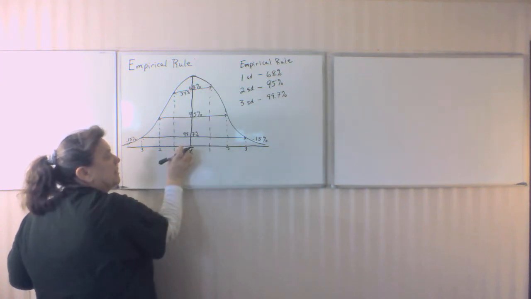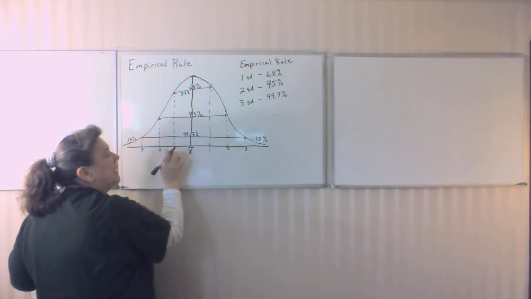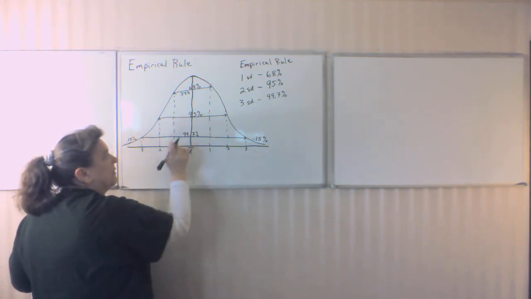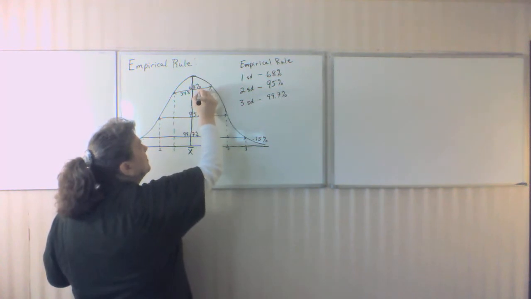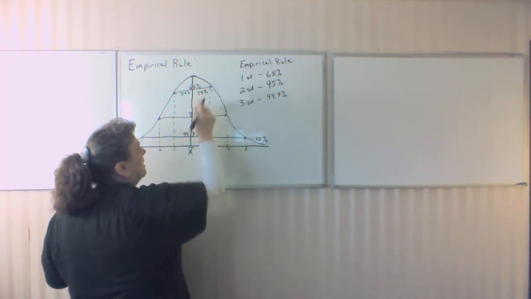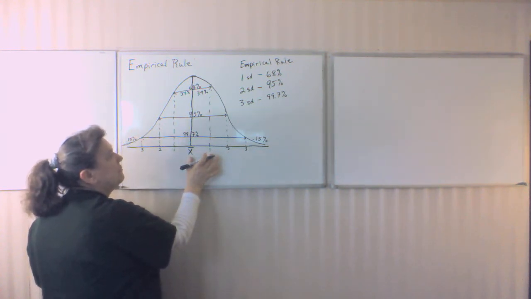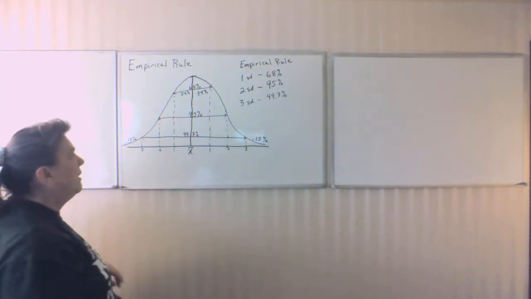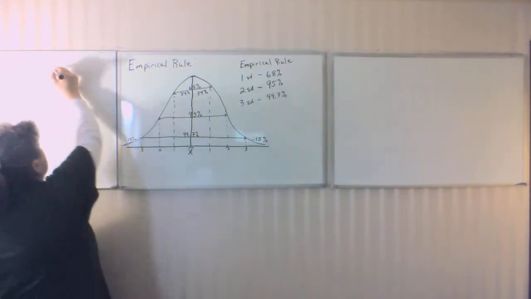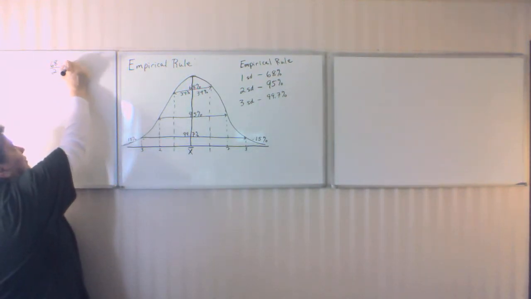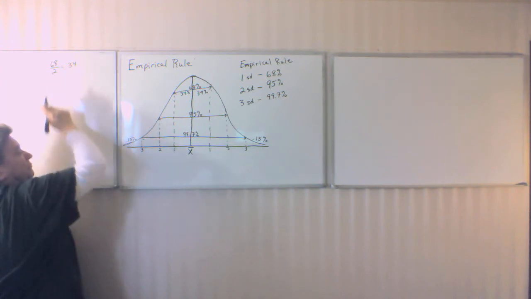In other words, half of the 68% falls between the mean and the first standard deviation to the left of the mean, and 34% of the data lies between the mean and the first standard deviation above the mean. That one was easy. All you had to do was take 68 divided by 2 and you got your 34.